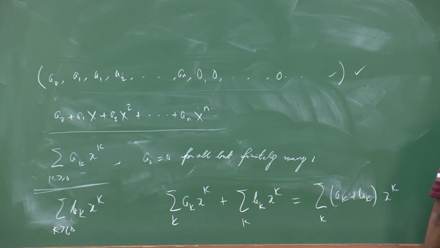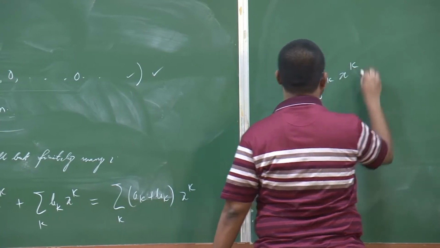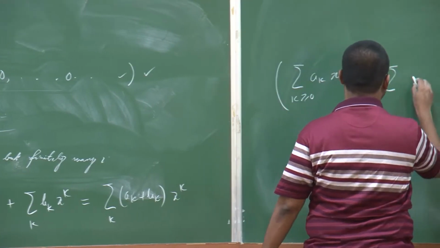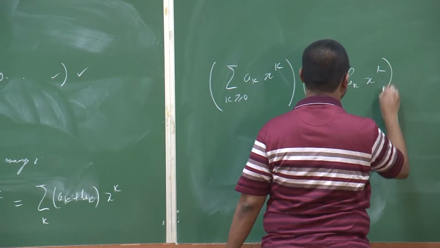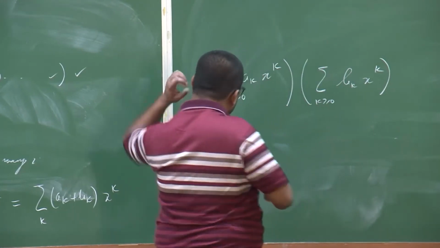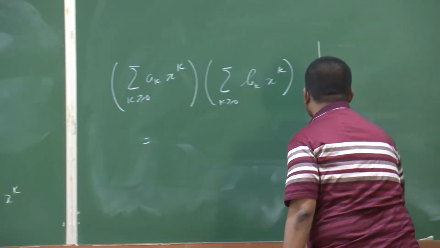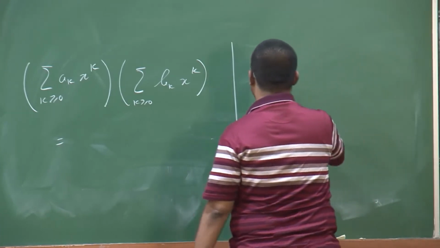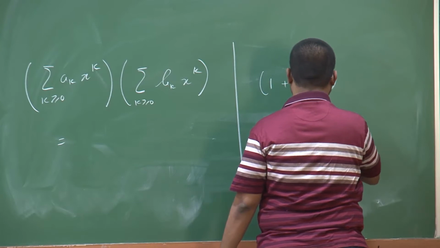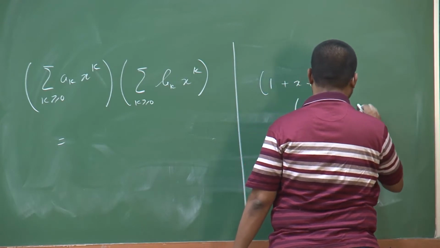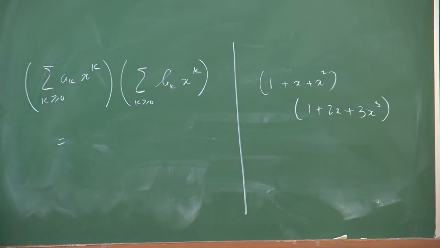So basically, suppose we have a polynomial a_k, and then we have another polynomial. Let's take small, special cases. So let's say 1 plus x squared, then 1 plus 2x plus 3x cubed. Suppose we want to multiply them, what should be the most natural way?